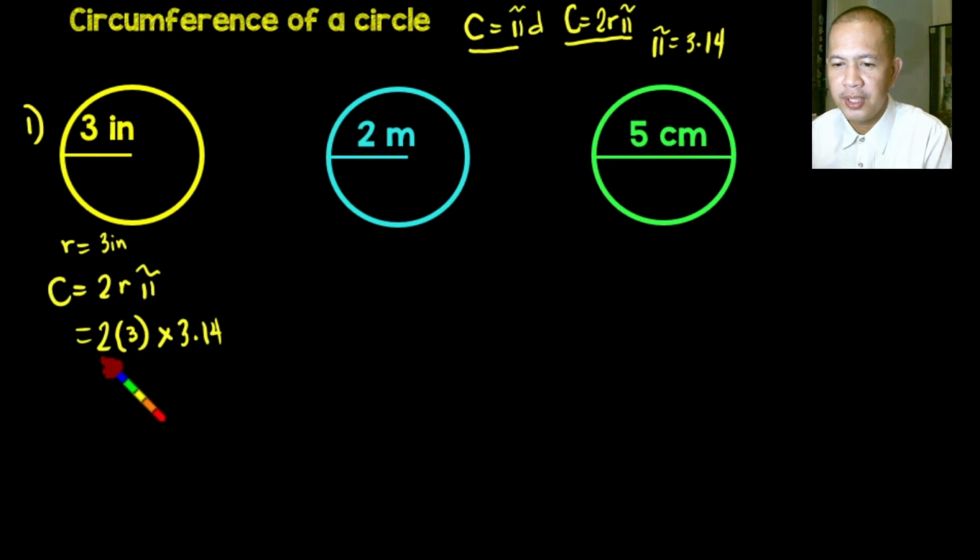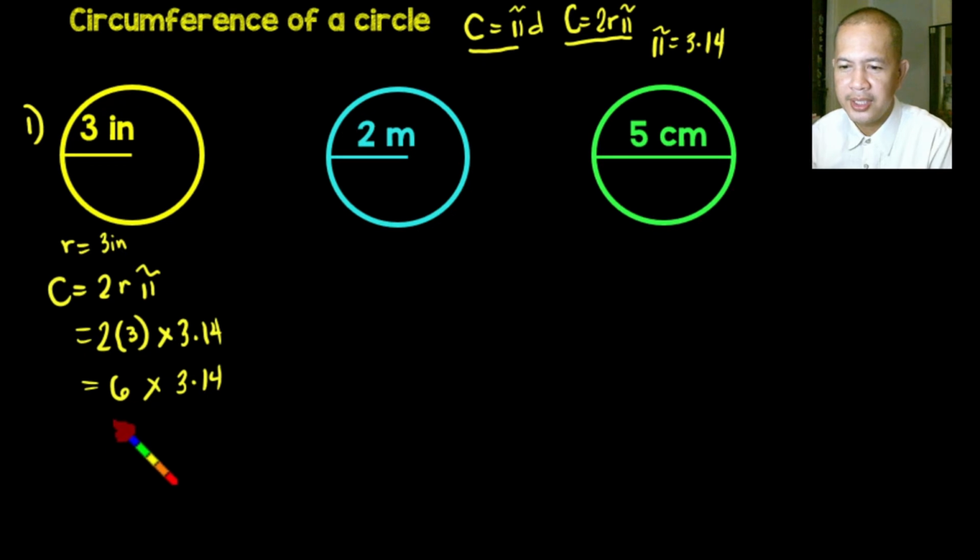We multiply 2 times 3, we get 6, times 3.14. We can multiply that vertically: 3.14 times 6. So we have 6 times 4, we get 24, carry 2. 6 times 1 is 6 plus 2, we get 8.